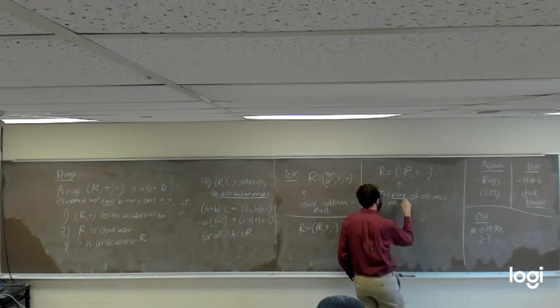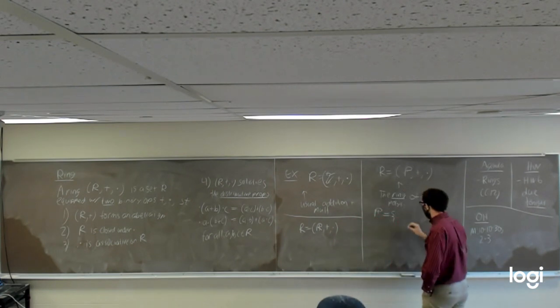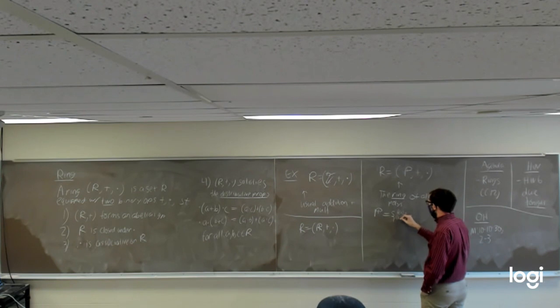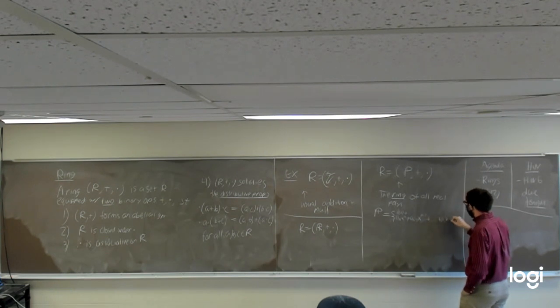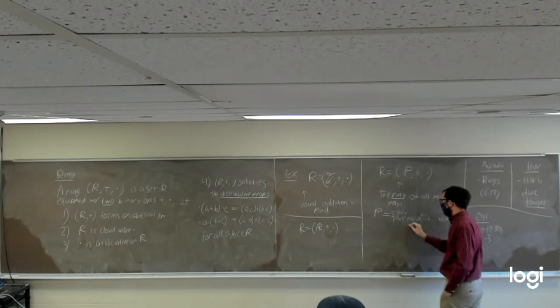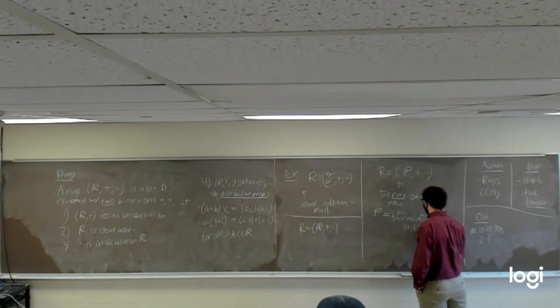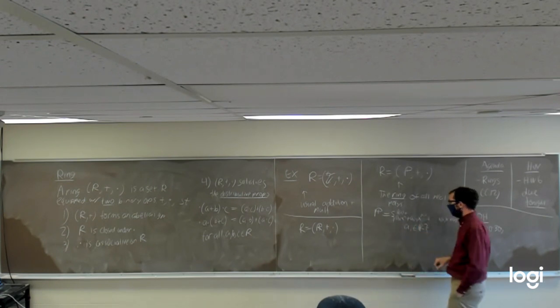So in other words, P is going to be the set of all functions of the form f of x equals a_n x to the n plus a_(n-1) x to the n minus 1 plus ... plus a_1 x plus a_0, where all of the a_i are going to be real numbers.